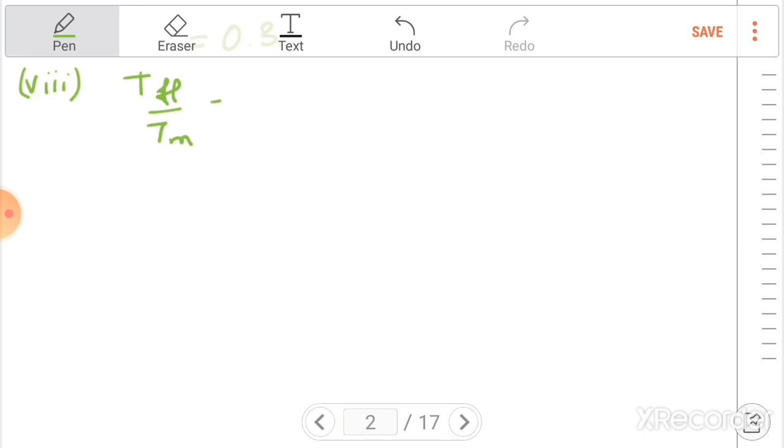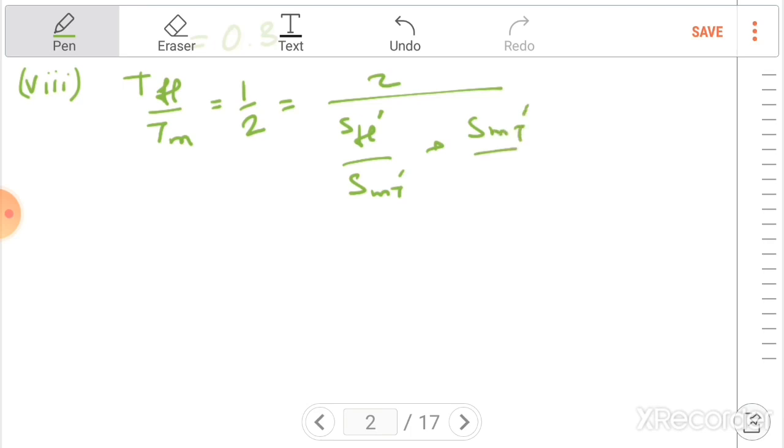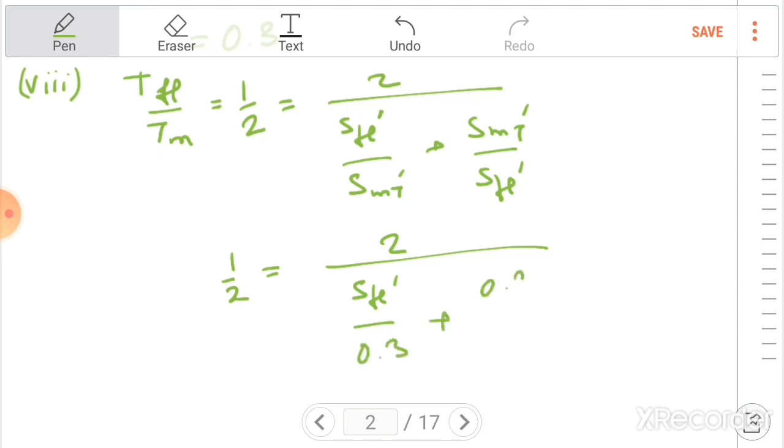So TFL by TM is equal to 1 by 2, and this will be equal to 2 divided by (S at FL dash divided by S at maximum torque dash plus SMT dash divided by SFL dash), and it will be equal to SFL dash divided by SMT dash is 0.3 plus 0.3 divided by SFL dash.